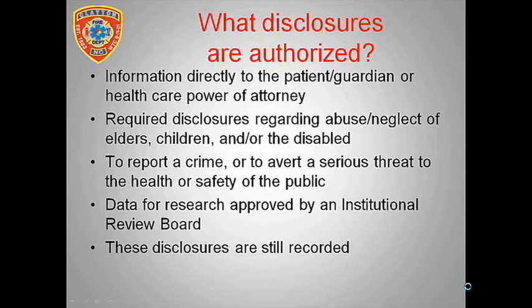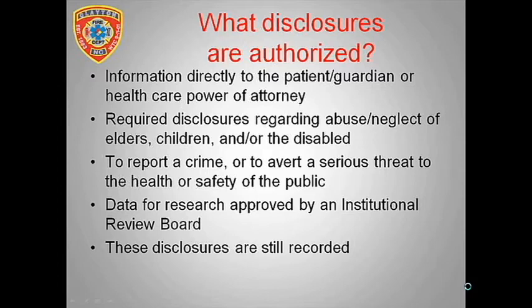We have to pass those along to law enforcement or EMS, but typically these are going to be passed along to law enforcement for abuse. To report a crime or to avert a serious threat to the health or safety of the public, we can disclose certain information. Data for research approved by an institutional review board, and these disclosures are still recorded, so they're still passed along to the liaison for documentation of disclosures.